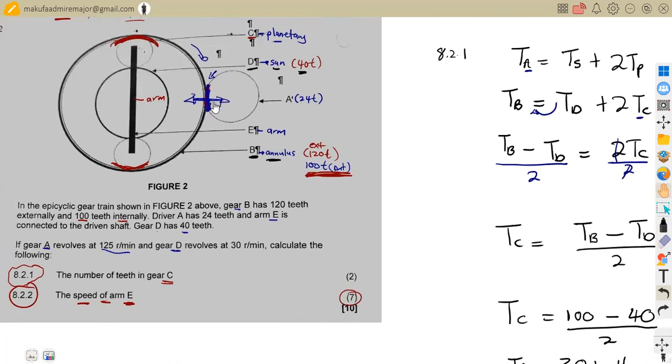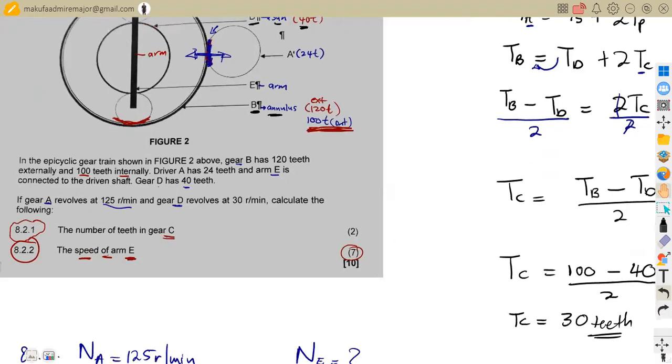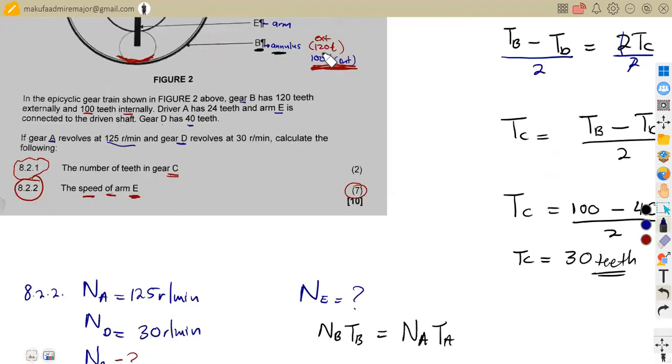There's a linkage happening between B and A externally, whilst B and C, the planetary, is affected internally. So that's where we are going to use the external number of teeth on B. We are given the external number of teeth of 120.